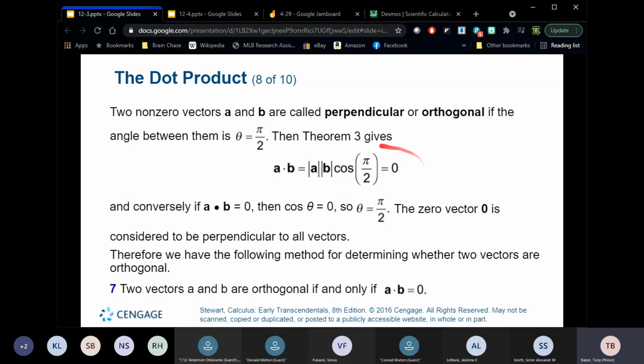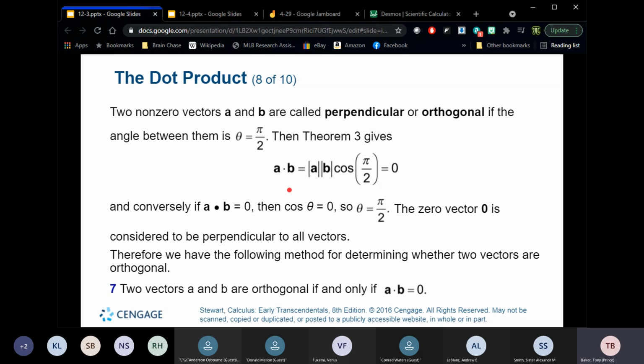If we look at this rule right here, my dot product of A and B is the length of A and B times cosine of pi over 2. Cosine of pi over 2 is 0. So in essence, if we find the dot product of two vectors and it comes out to be 0, those vectors are perpendicular or orthogonal.